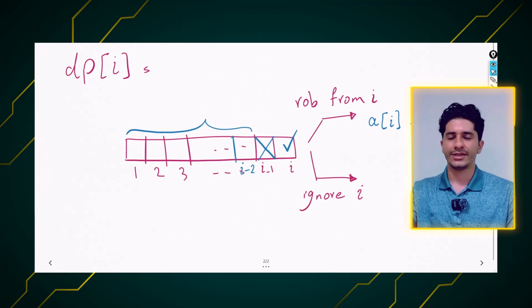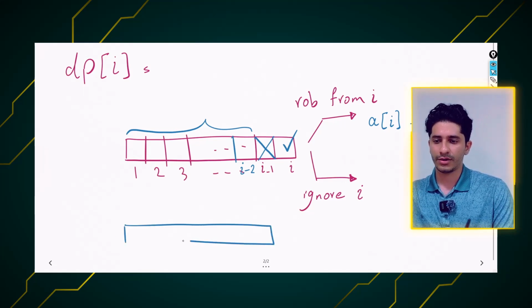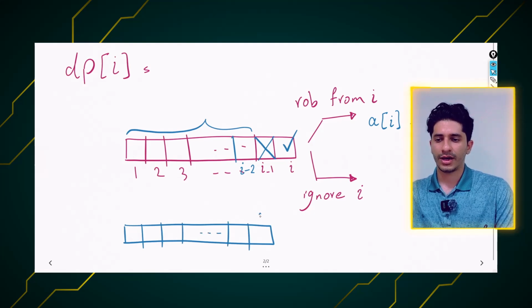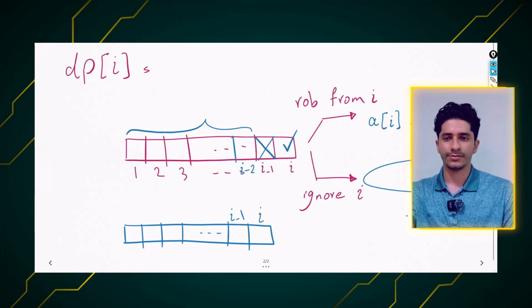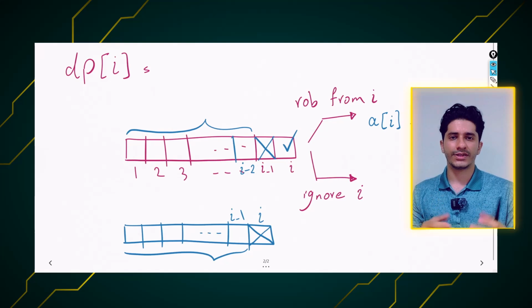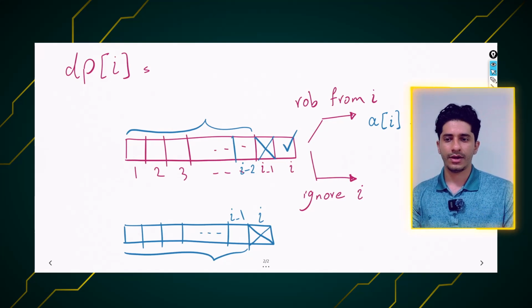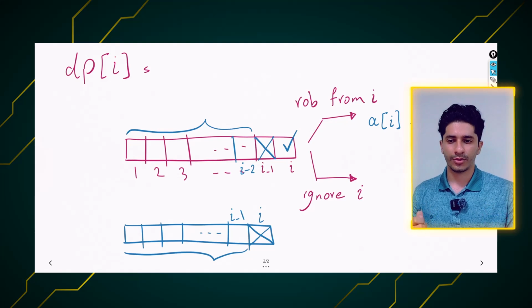Okay, now let's get into the second possibility, which is if we ignore house number i, what happens? Pause the video and think of the value for this possibility. Okay, so if we are going to ignore house number i, then what remains? We have only access to the first i minus 1 houses, and we want to get the maximum value from them with the problem constraints.